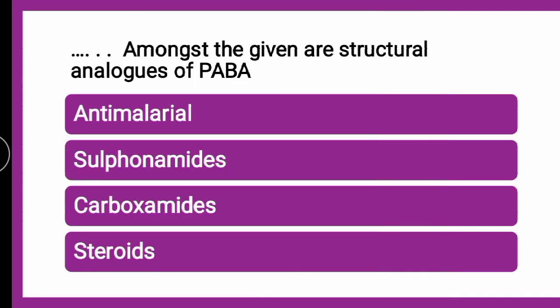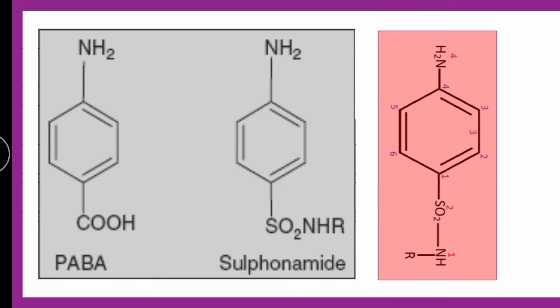Next question is, dash amongst the given are structural analogues of PABA, whether antimalarials, sulfonamides, carboxamides or steroids. The correct answer is sulfonamides. Sulfonamides are the structural analogues of PABA. If you look into the structure, this is PABA, para-aminobenzoic acid, the sulfanilamide moiety.